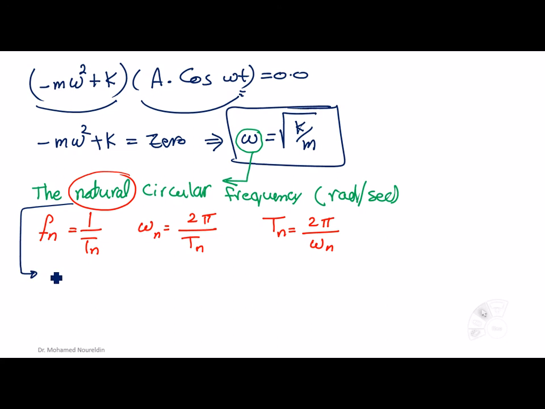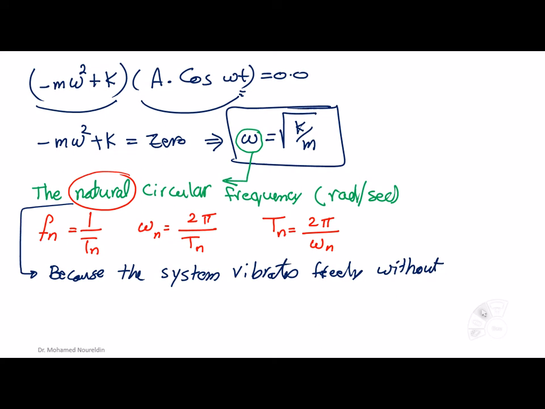We can write it like this: natural, because the system vibrates freely without any external force. Also, because the system is linear, these values are independent of the initial condition.